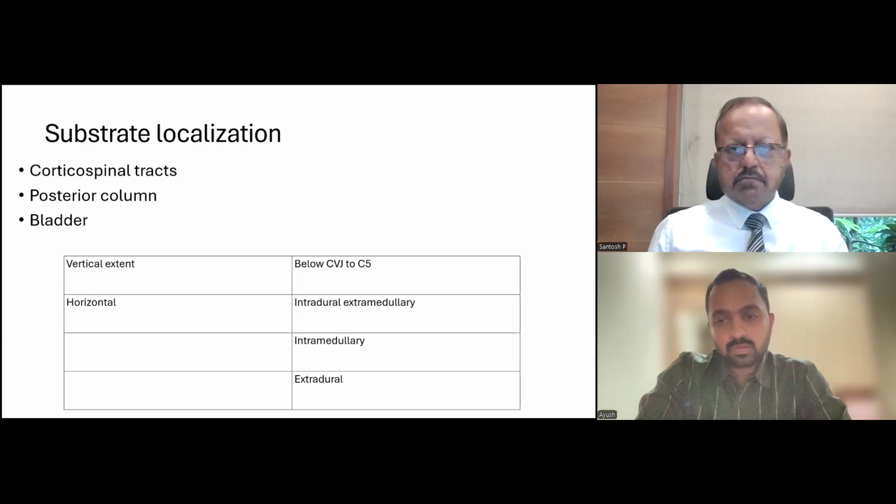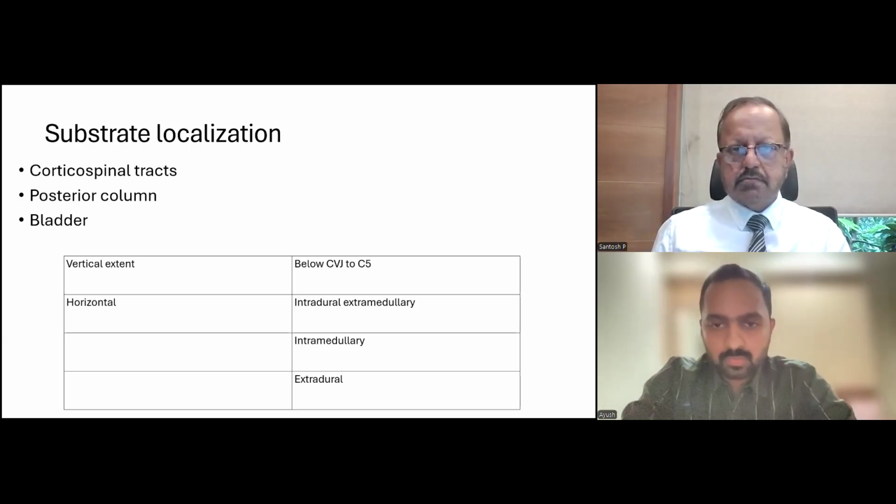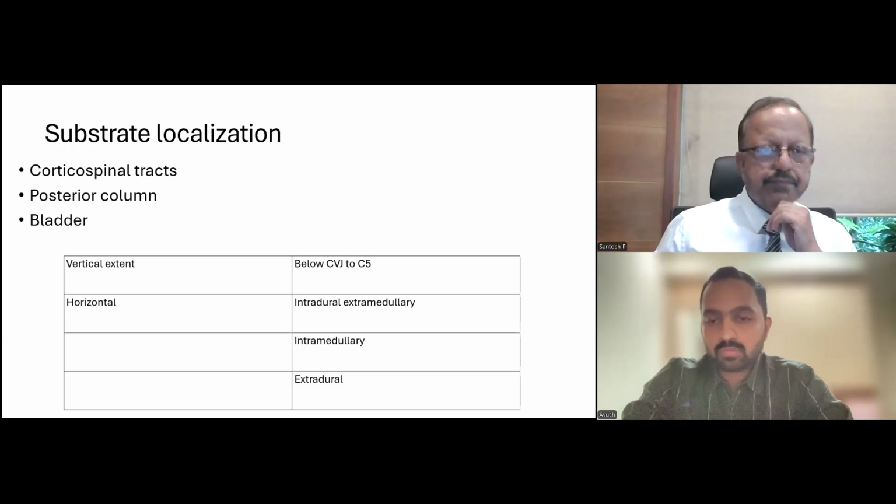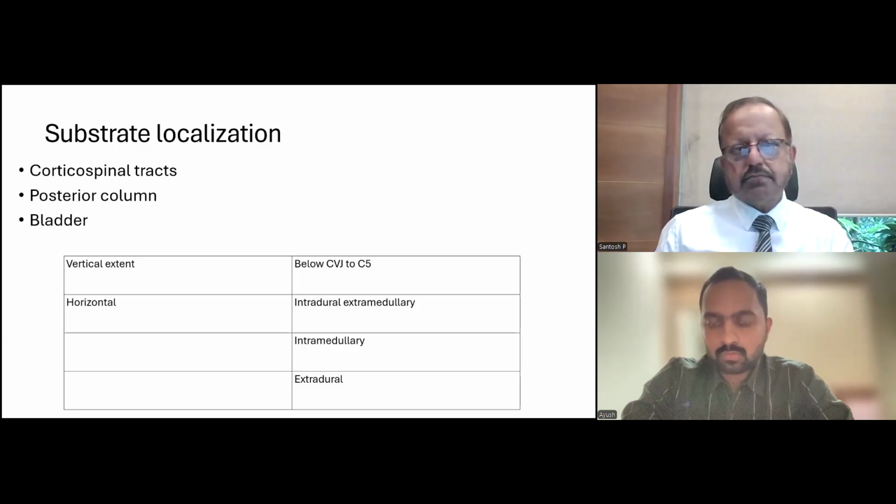Ayush, you can localize above C5, but you don't know the upper extent of the pathology. She has put it as CVJ. Why do you think it cannot be below CVJ? Snehal, why do you want to put it below CVJ? Because Ayush says he can localize above C5, but he can't localize the upper extent as below CVJ.